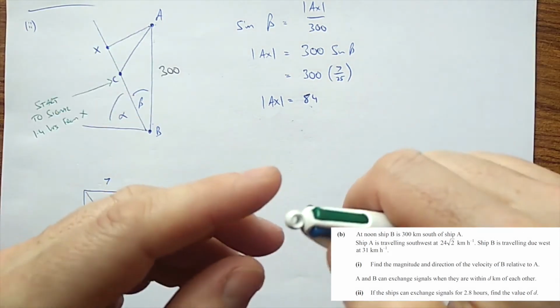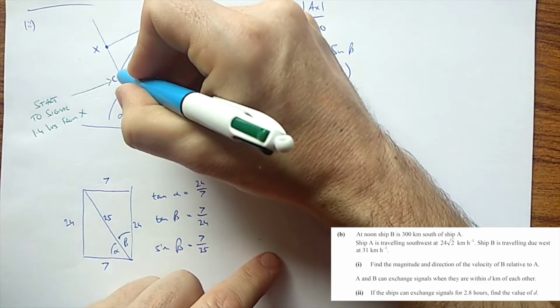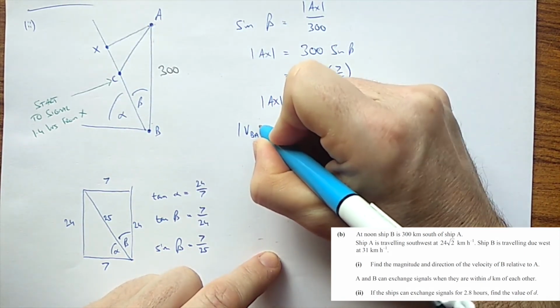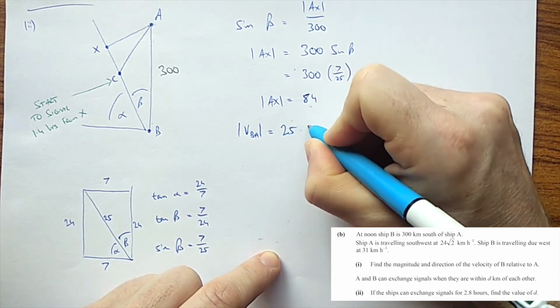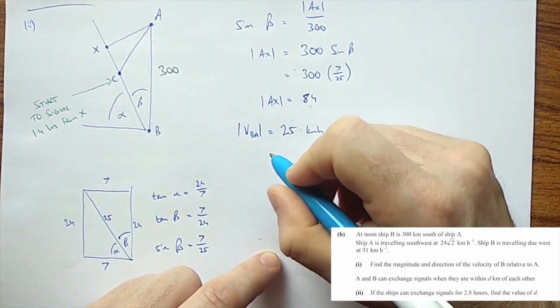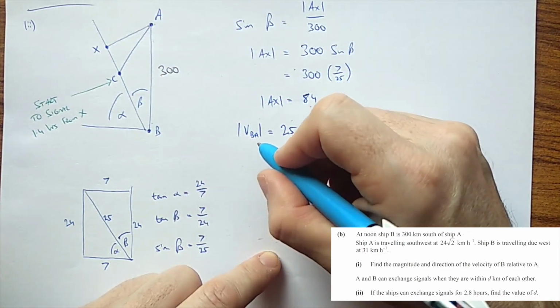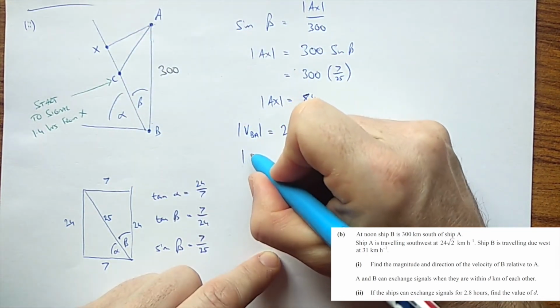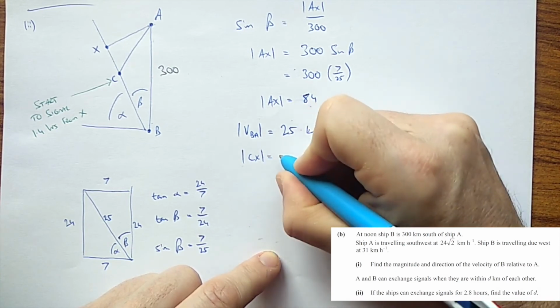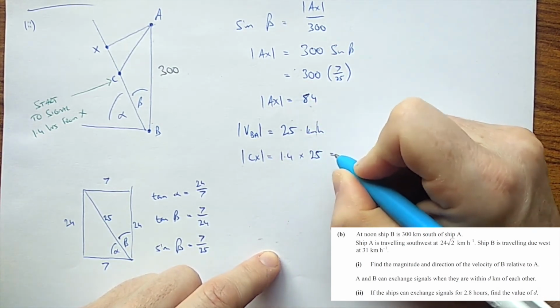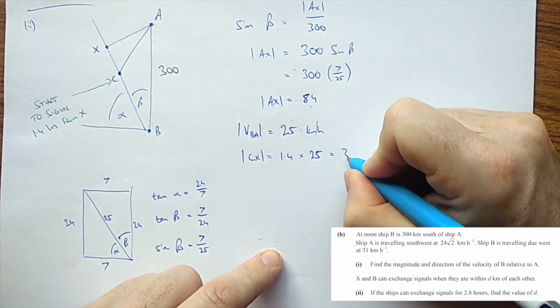We know the magnitude of the velocity VBA is 25 kilometers per hour. So CX is 1.4 times 25, which equals 35 kilometers.